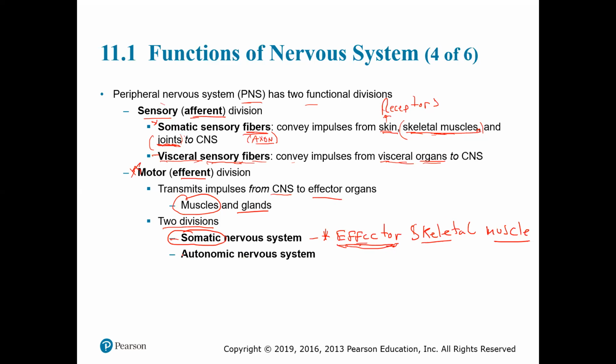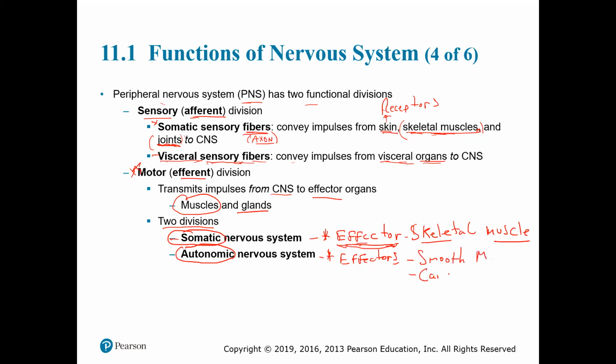Okay, the other division is the autonomic nervous system. And get this now, I'll tell you now, the effectors for the autonomic nervous system are smooth muscle, like I told you before, and where smooth muscle is your blood vessels and tubes.